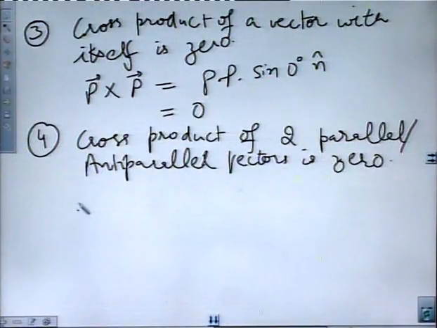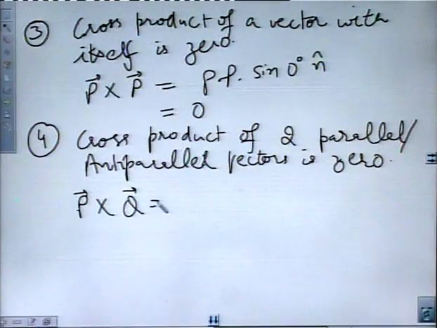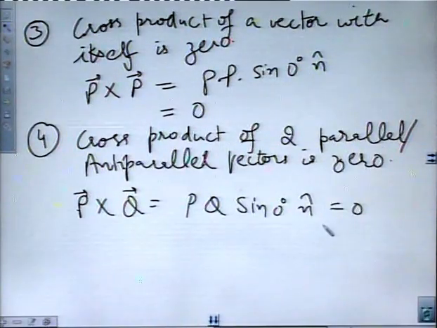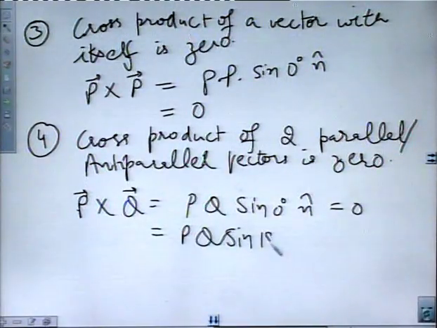Suppose we have two vectors p and q. The angle between them is either 0 degree or 180 degree. Then p q into sine 0 degree and n cap will be equal to 0. If two vectors are parallel, then the product will be equal to 0. And if they are anti-parallel, theta is 180 degree, then the product is also 0.